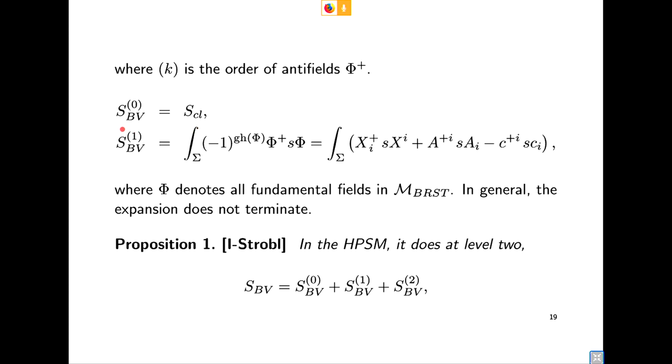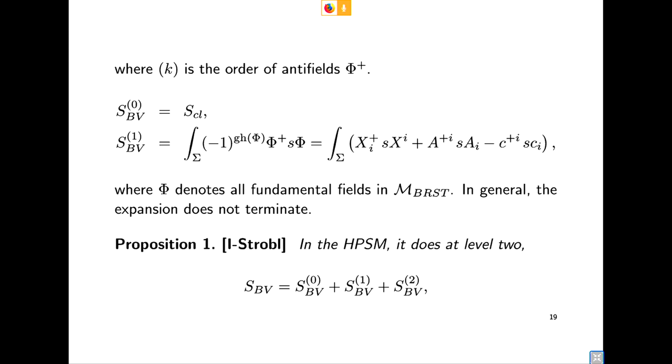Then we take the classical action as S0, and S1 is also fixed like this. This is the normal formula in BV formalism. This is already fixed to obtain the BV action.